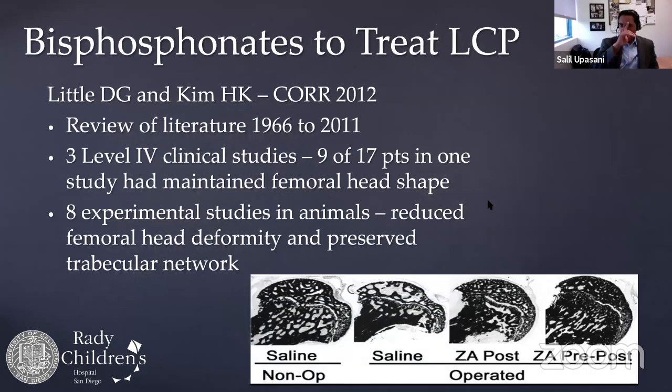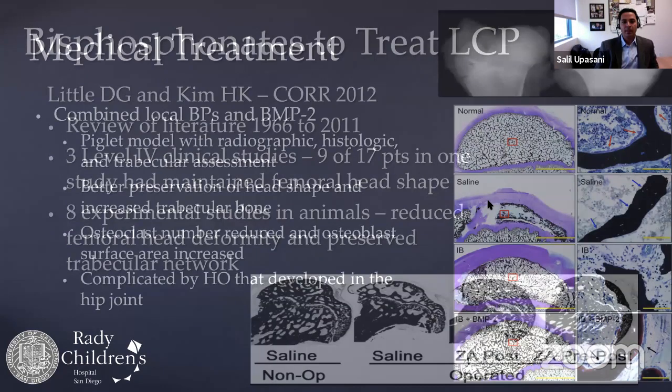This is the review article that I'd mentioned, published in 2012. There are only 3 level 4 clinical studies at this time, but lots of experimental data and animal studies that show that bisphosphonates can slow down osteoclasts. But again, until you show me in a patient that it's not going to block VEGF, I think it's difficult to go down that path.